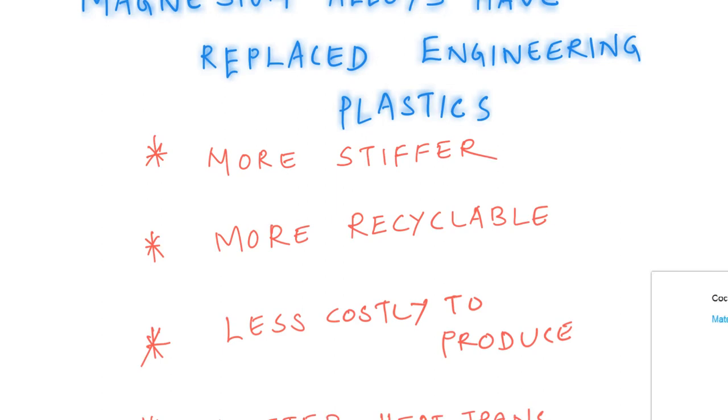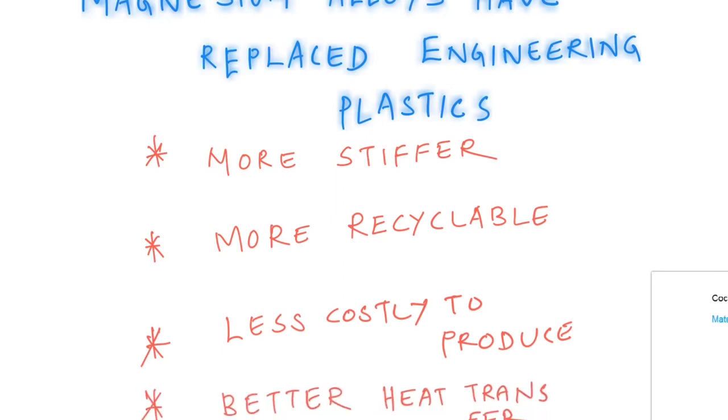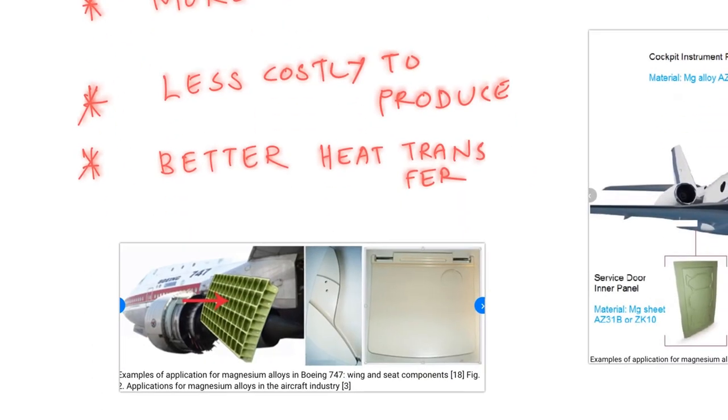Then it is more recyclable, less costly to produce, and has better heat transfer properties as well. If you closely look at handheld devices like your laptops or cameras, they will have some amount of magnesium alloy components in them. One reason is their good heat transfer capabilities, because when your chip produces a lot of heat, you have to dissipate it.